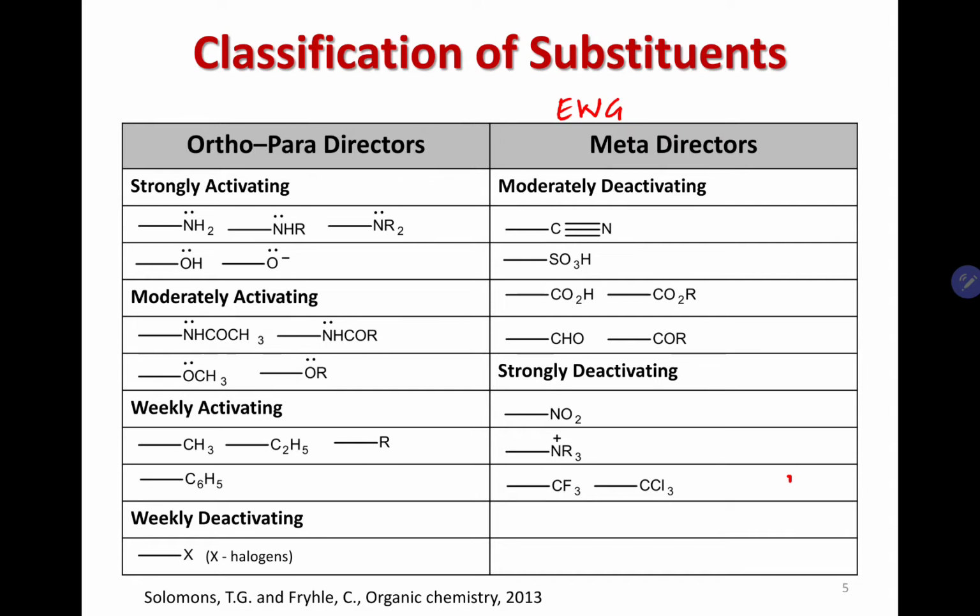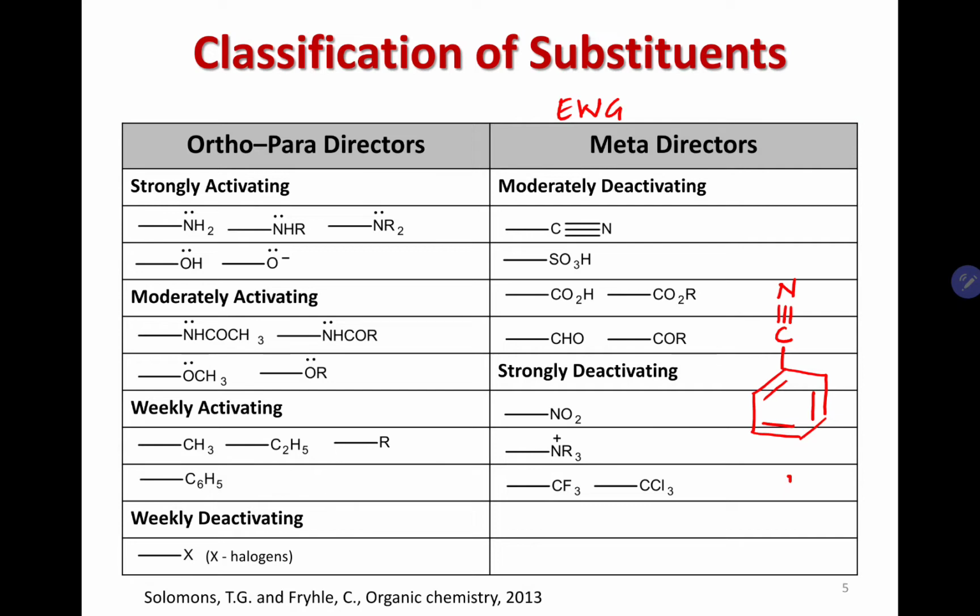And one of the very common features of electron withdrawing groups is that if you consider the atom that is directly attached to the benzene ring, that atom usually has multiple bonds, meaning double or triple bonds to another atom. So whenever you have the directly attached atom with multiple bonds to another atom, that could be a meta director. That is how I used to remember this when I was studying meta directors.